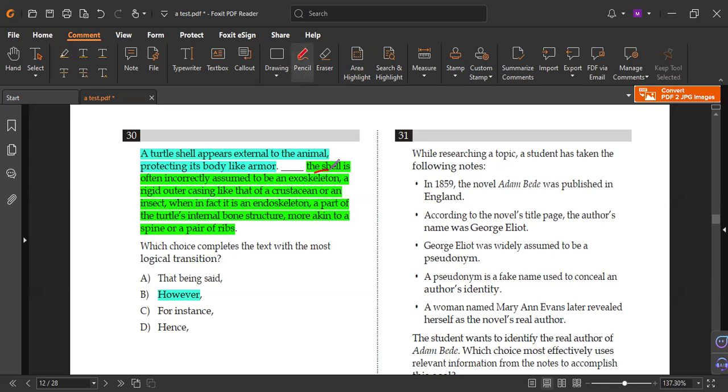It says the shell is incorrectly assumed to be exo, like external. So it means it's wrong. When in fact, he proves it is not external because it is an endoskeleton. He explained part of the turtle's internal bone structure, more akin to a spine. So it's not opposite. So we prove B is wrong.